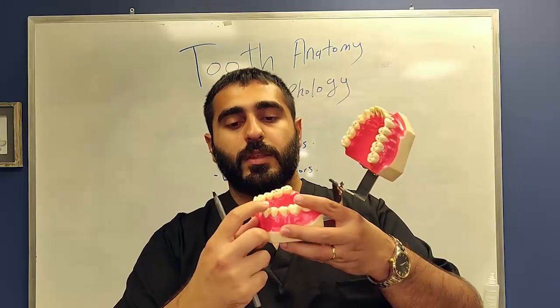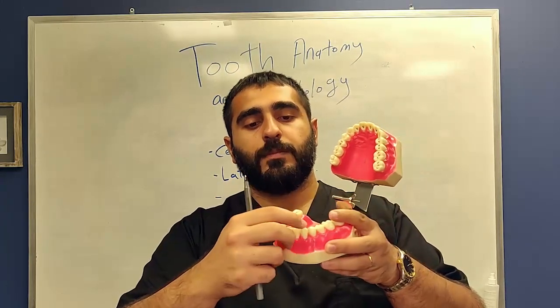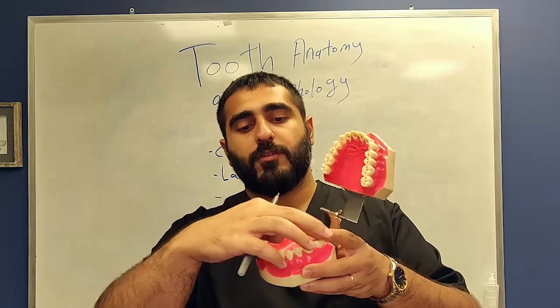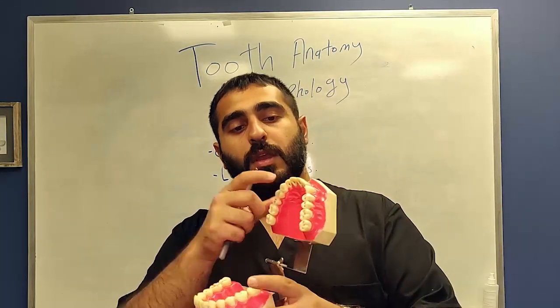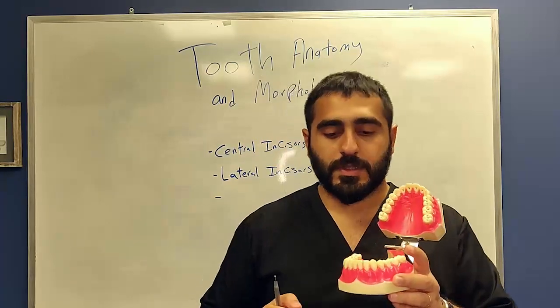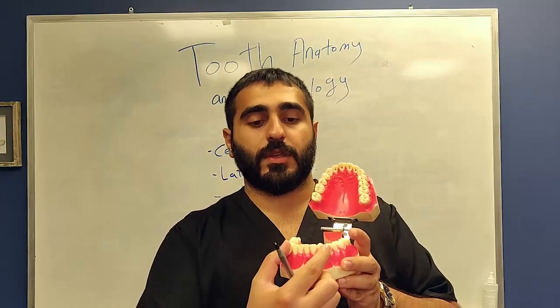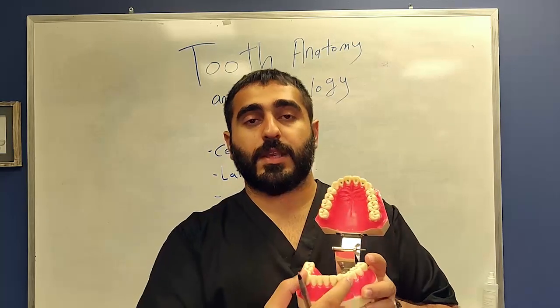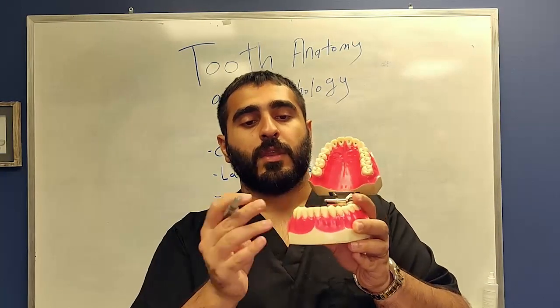Cusps are basically eminences, protruding, you could say. Our posterior teeth have a bunch of cusps. The canines have single cusps, and hence why they're called cuspids. And the canines separate our anterior teeth from our posterior teeth.